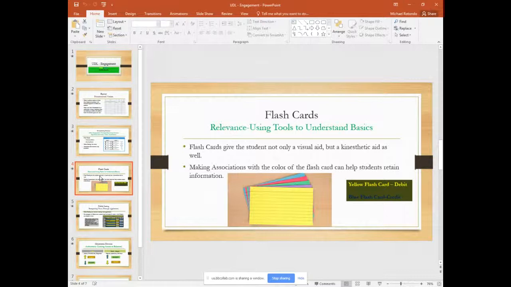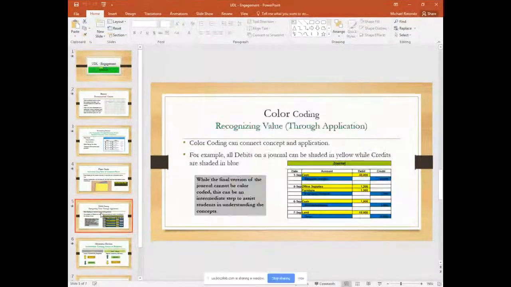So by being consistent and using the yellow flashcard for the debit and the blue flashcard for the credit, it can be helpful for them to connect the concept with those colors. We can also use color coding when we do our Excel spreadsheets. It can also help connect the concept and application. So there's value in giving them these flashcards.